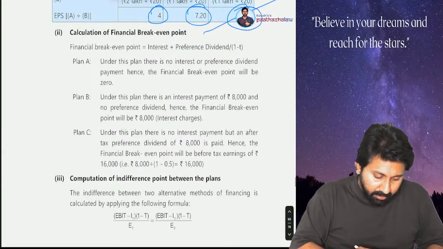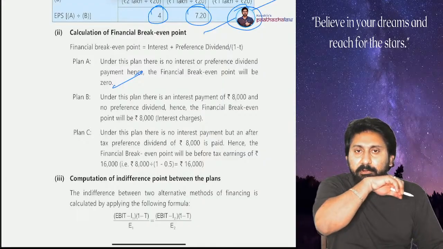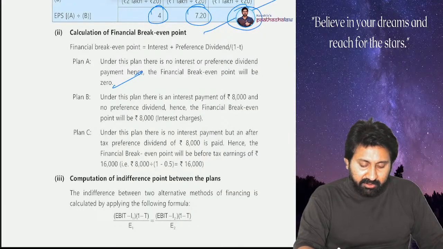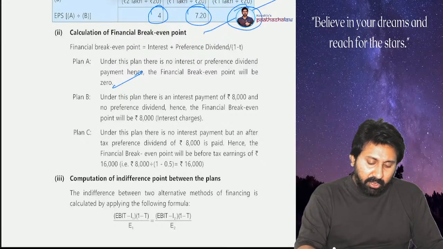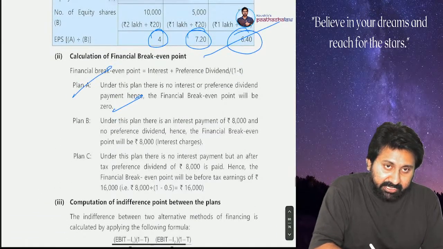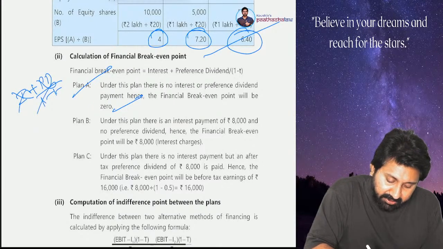Financial break-even point. In the first case, it has no meaning. If it is all equity, I plus PD by 1 minus T: I will not be there, PD by 1 minus T will not be there. Therefore, it is 0.